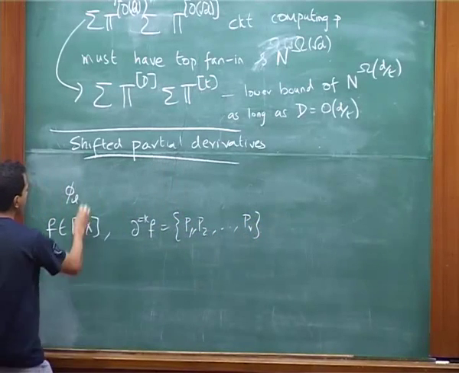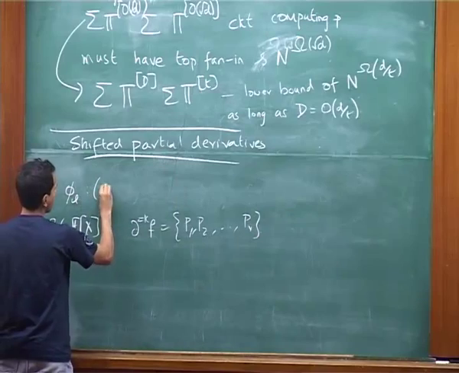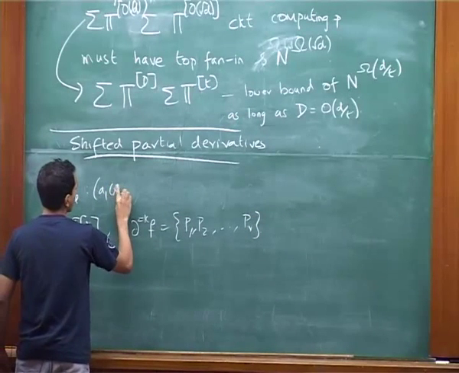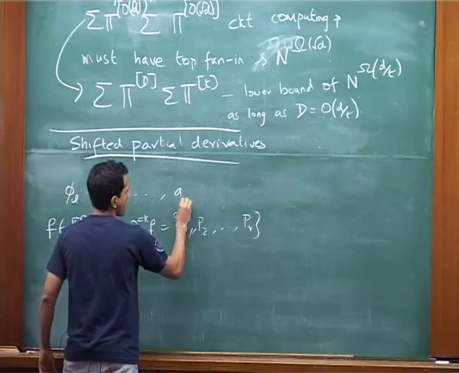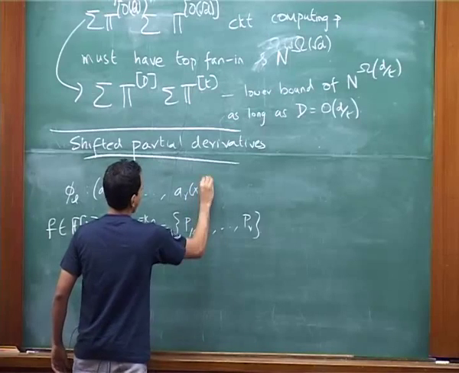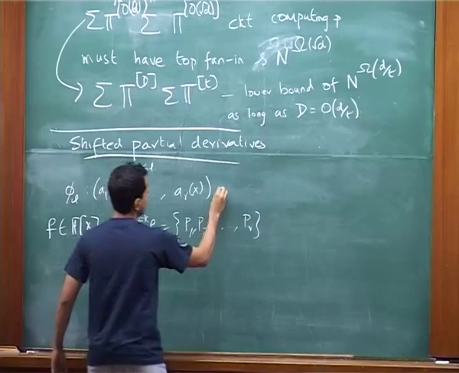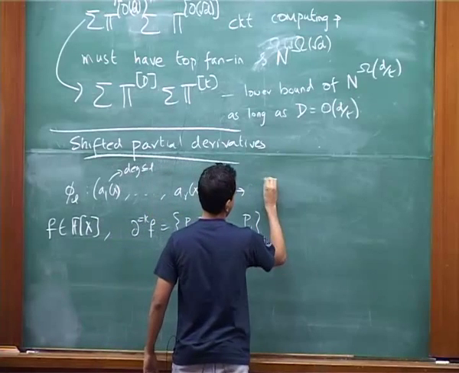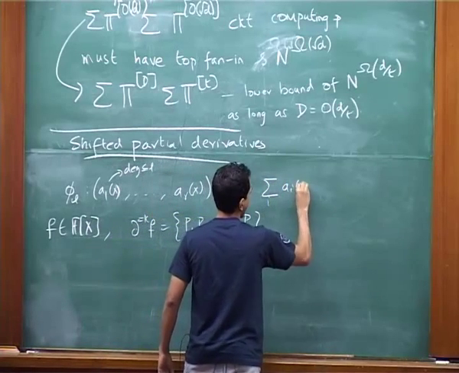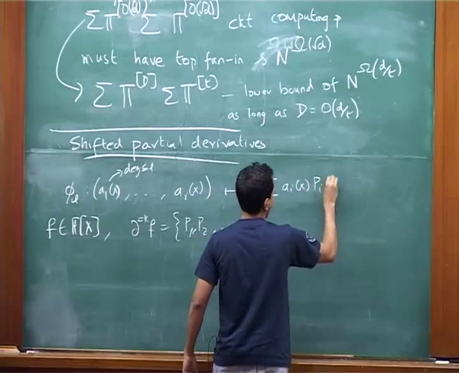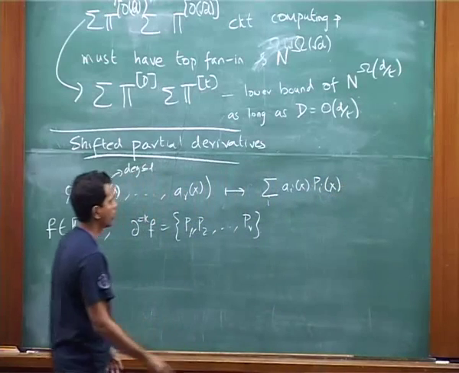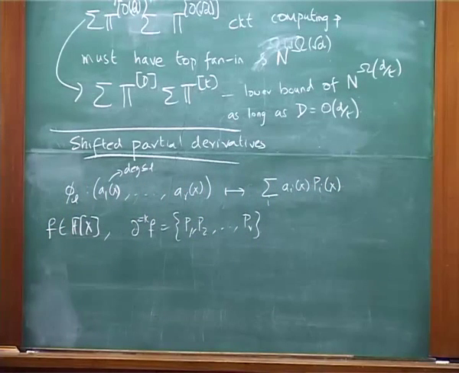So phi L is defined as follows. It takes as input a bunch of polynomials, all of degree at most L, and it outputs the sum of all these polynomials.